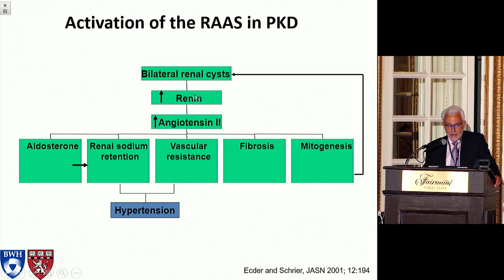They increase renin, they increase angiotensin II, resulting in increased aldosterone and renal sodium retention, and the direct effect of angiotensin II to increase vascular resistance. Both of these produce hypertension. In addition, angiotensin II has downstream effects of increasing fibrosis and increasing mitogenesis.